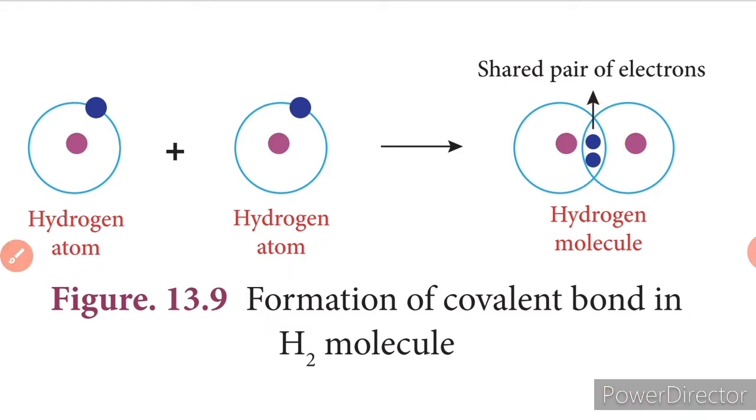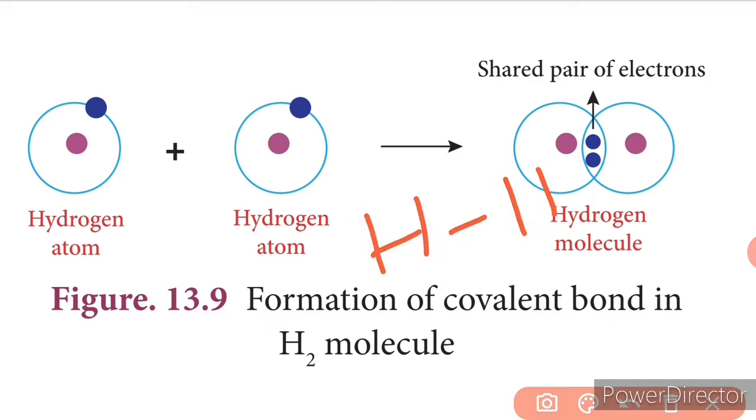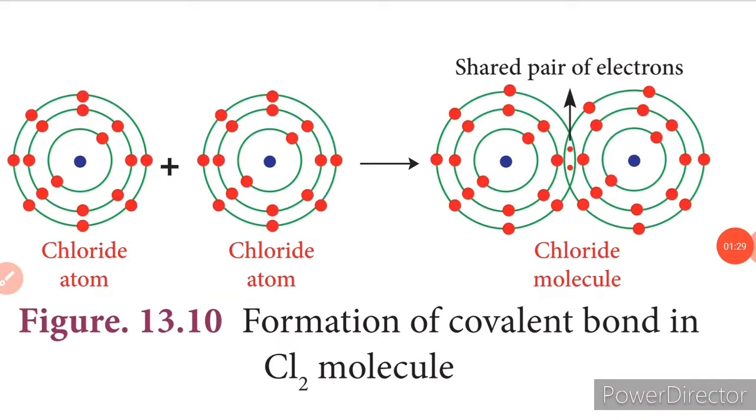Now how is the bond formed? You have one pair of electrons. So since there is only one pair of electrons, there is a single bond between the hydrogen atoms and a hydrogen molecule is formed.